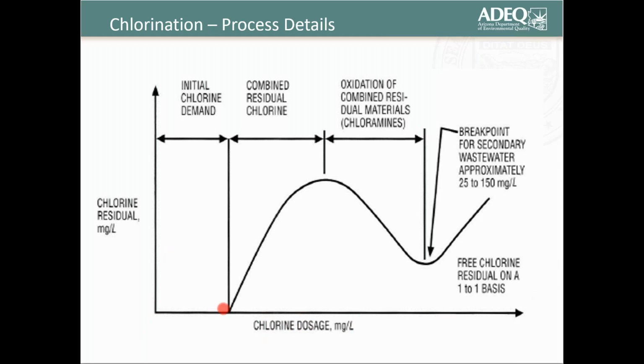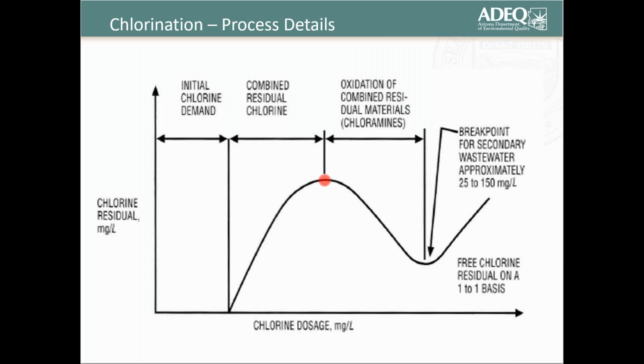Then we see the reaction process described here. Initially, see here, initial chlorine demand, it's burning up all our chlorine. So as we're dosing it, there is no residual, and yet the chlorine is being consumed. Okay, now we burn up all of the initial chlorine demand. Now we start to see the combined residual chlorine, where the ammonia is kicking in.